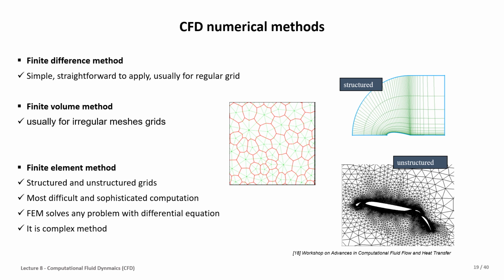About the numerical methods, as we said, we have the finite difference method. It is simple and straightforward to apply, usually for a regular grid. Finite volume is used for irregular mesh grids, and the finite element method handles structured and unstructured grids. It is the most difficult and sophisticated computation, as we said. The finite element method can solve any problem with a differential equation. It is a complex method. Here you can see the difference between the structured and unstructured domains, for which we need to create a grid.